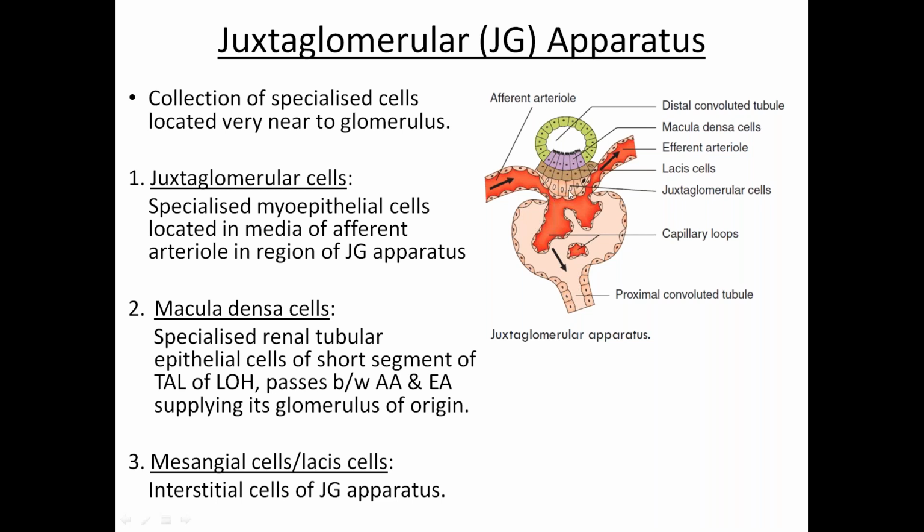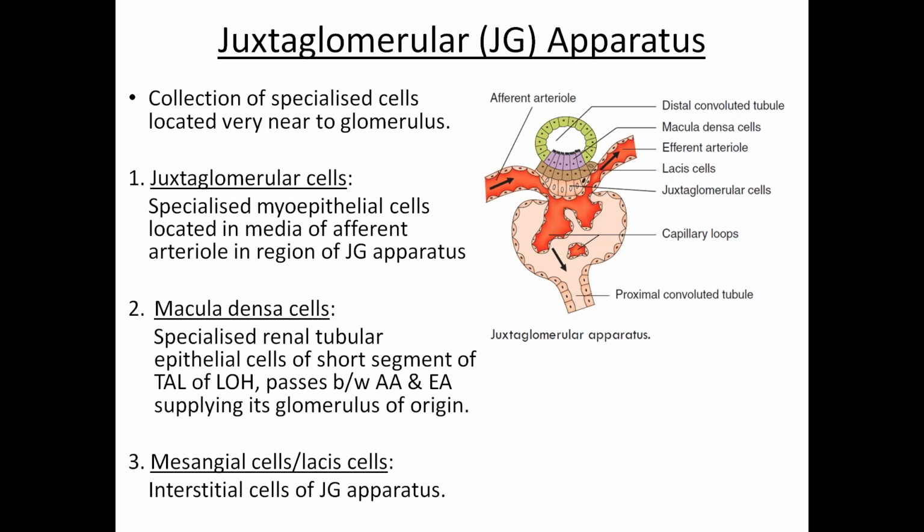That renin is synthesized, stored and released here itself from the JGA cells. The manufactured renin is stored in secretory granules of these cells, and hence they are also known as granular cells.